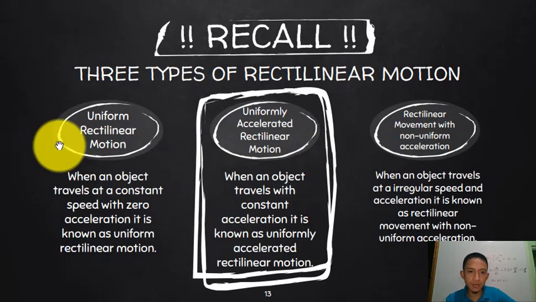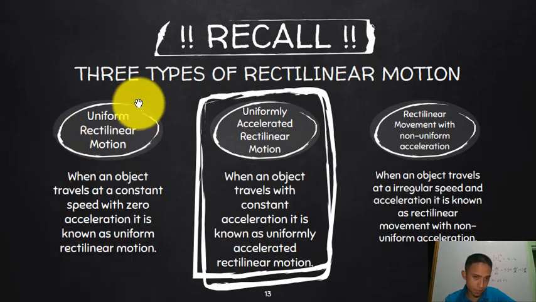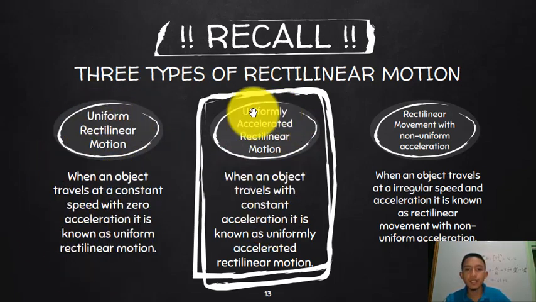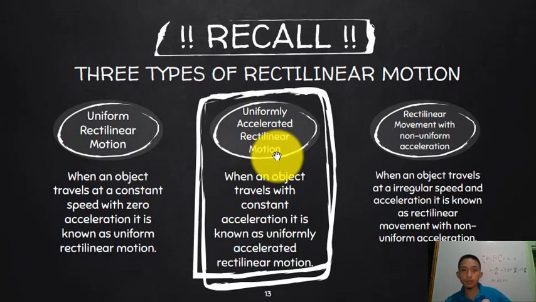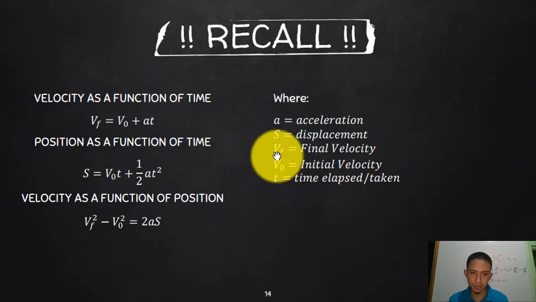Okay, now we are done deriving your equations in here, aren't we? So let's try to move on to uniformly accelerated rectilinear motion. Actually, the equations here are still the same as what we will be using in uniformly accelerated rectilinear motion, but there will be a little bit of change since your acceleration is not 0 anymore.